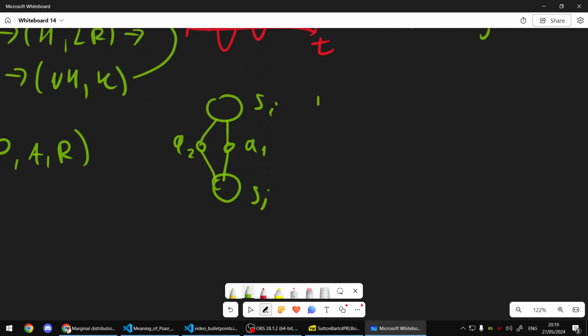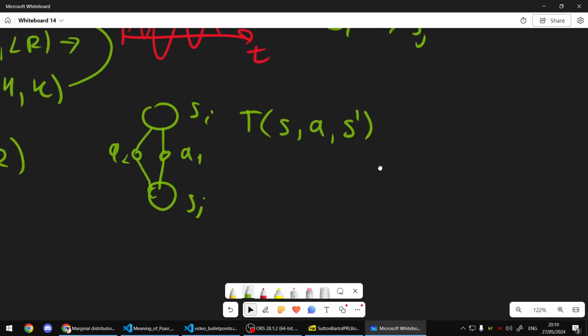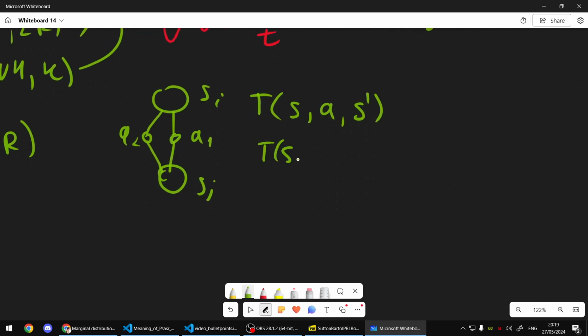So in a sense, I can say that our transition function is a function of S as the initial state, A the action, and S prime some final state. Prior, in the Markov process, we only had S and S prime, which was basically our transition probability.